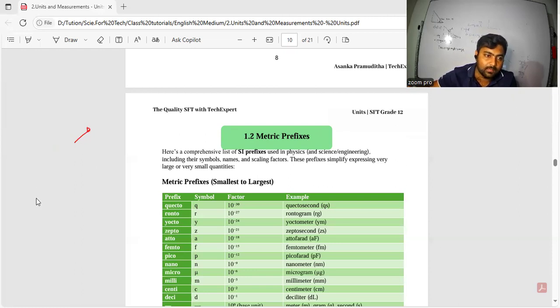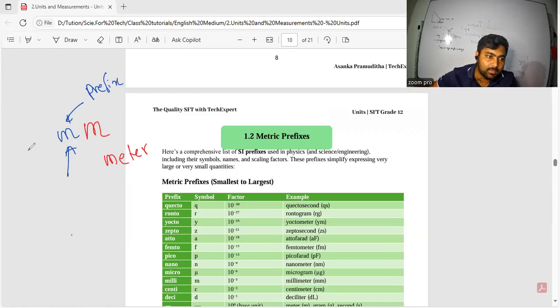Like this, I will write m. Then m stands for meter. Then I add another small m in front. So this is a prefix.